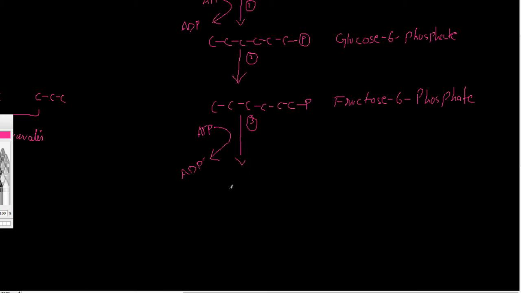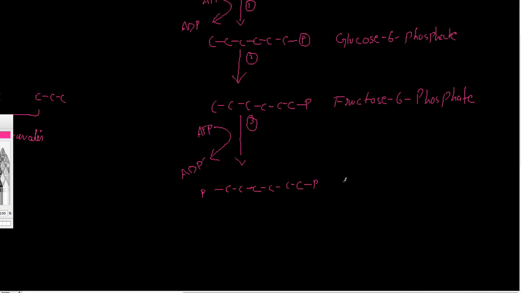Yes, so now this 1, 2, 3, 4, 5, 6. So this is a phosphate group right here, and now we have another phosphate group. This is a bond right here. It's a bond. Let me erase that. Yep, that's a bond right there. So we have two phosphate groups attached to a 6-carbon chain molecule.